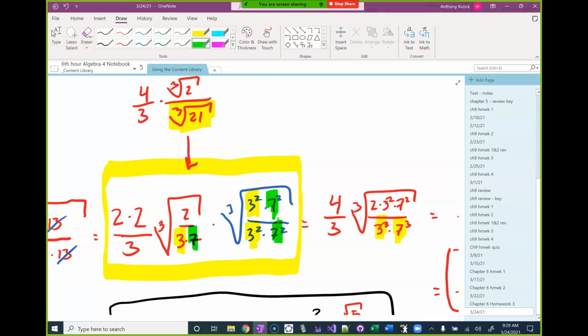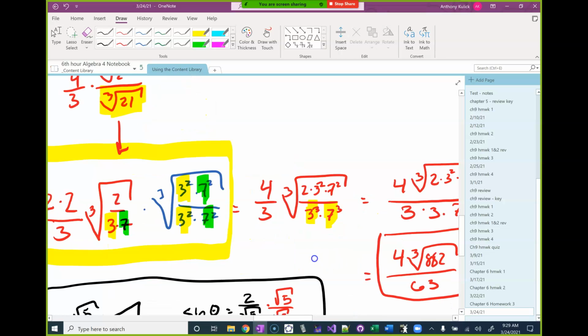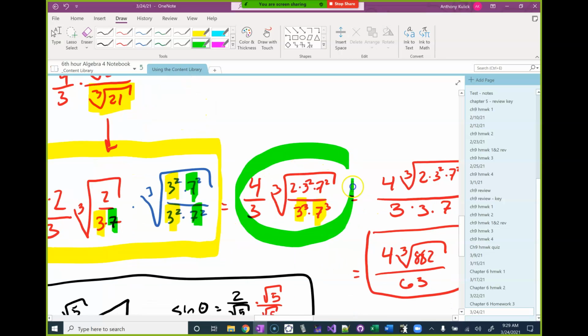Is that okay? So then I just gather into the same radical. Again, the 3 cubed and the 7 cubed is really the only thing that changed, right? And then inside the numerator, I have the 3 squared and the 7 squared, right?